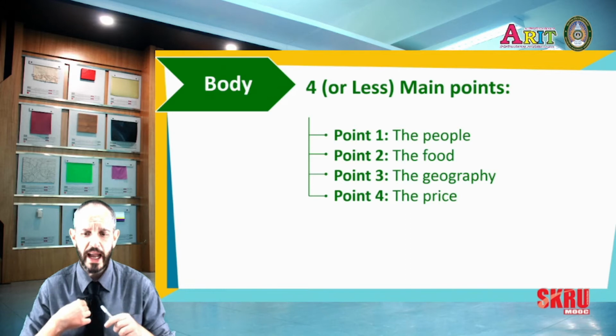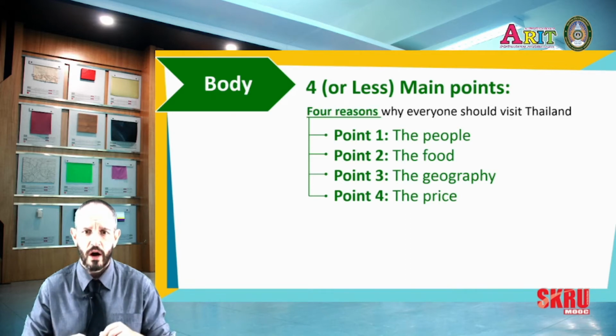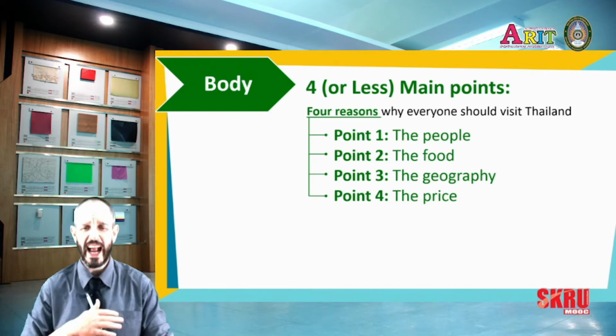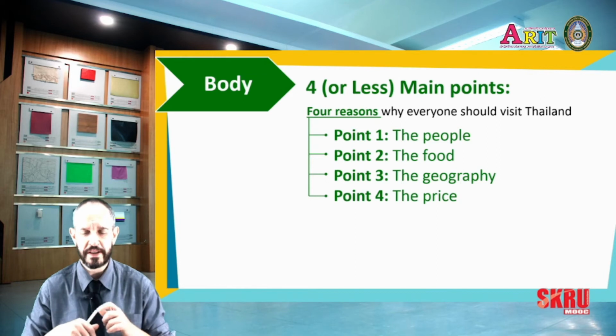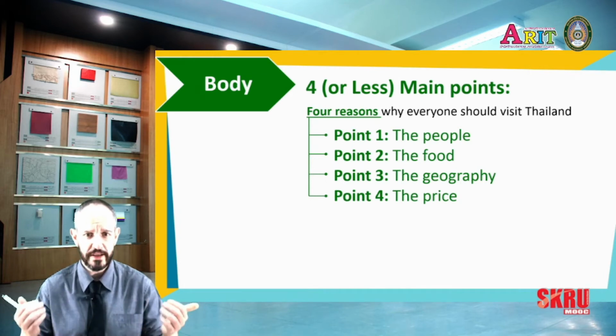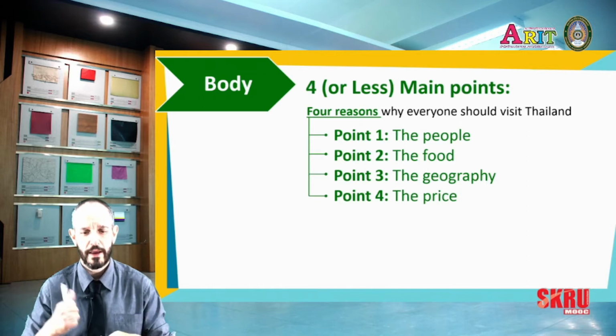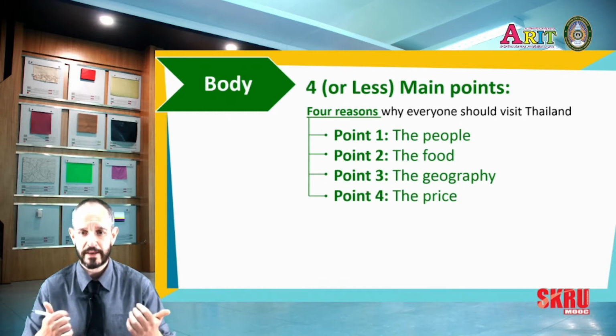So my example that I want to use today is, let's talk about a presentation where you want to explain why everyone should visit Thailand. And my 4 reasons why are: 1, the people; 2, the food; 3, the geography; and 4, the price.